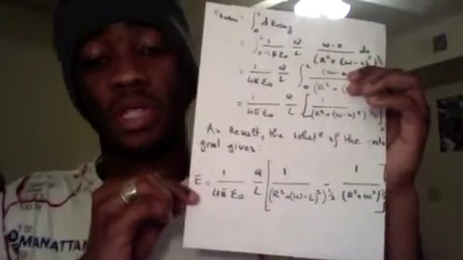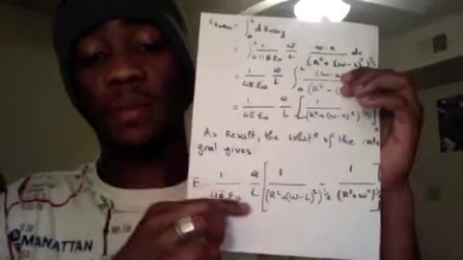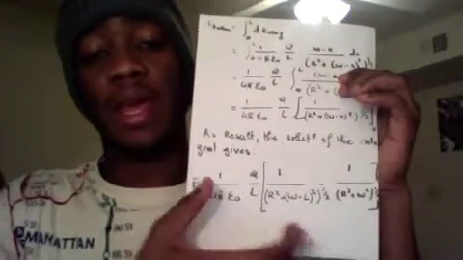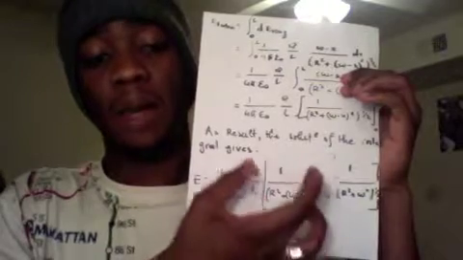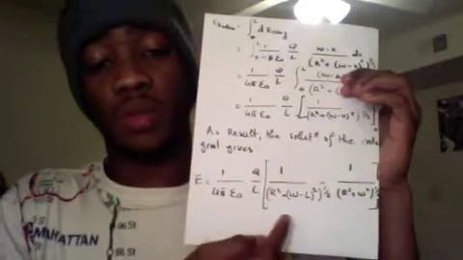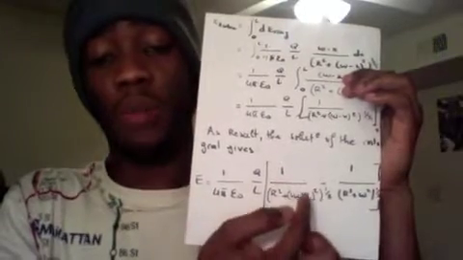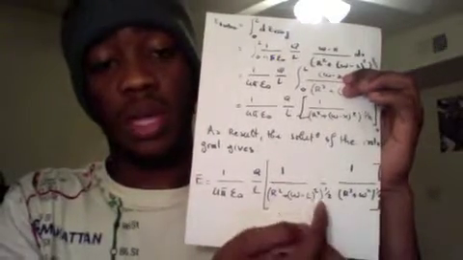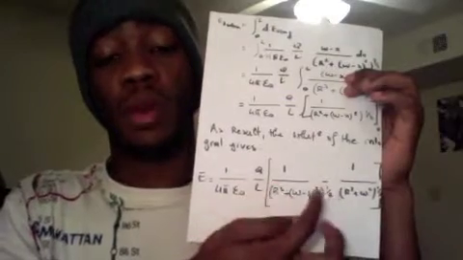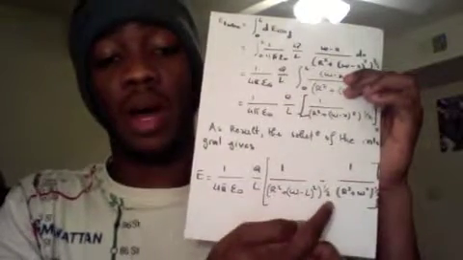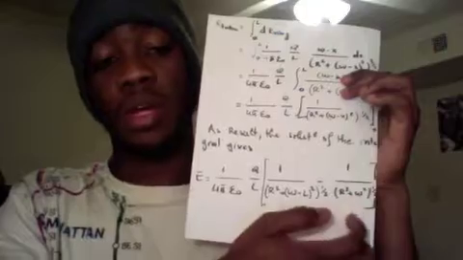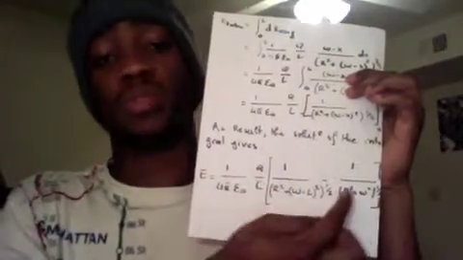And this electric field is equal to 1 over 4 pi epsilon 0 Q over L, everything multiplied by 1 over r squared plus w minus L, everything squared, and the denominator raised to the 1/2, minus 1 over r squared plus w squared, the denominator raised to the power of 1/2.